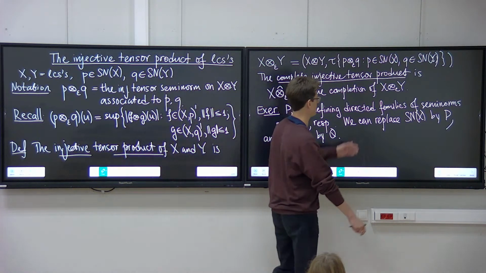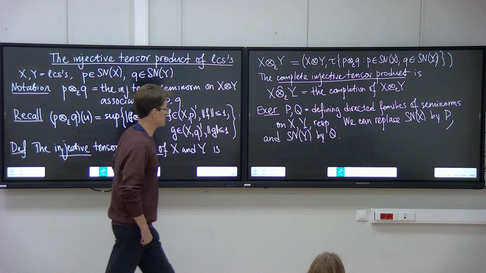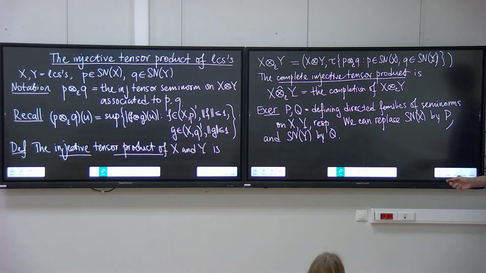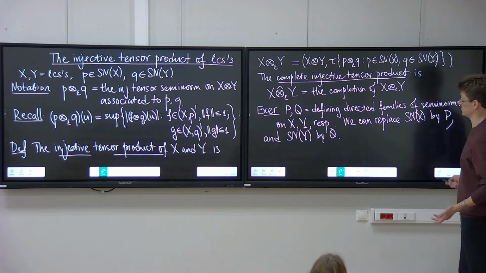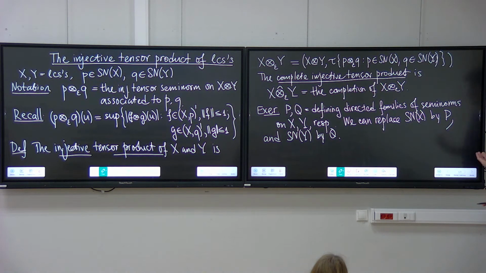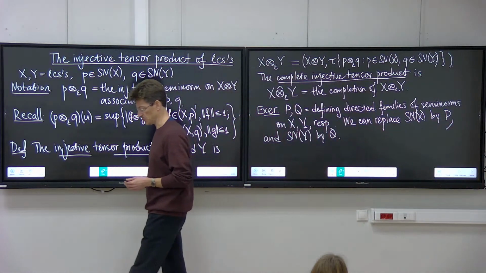In particular, if X and Y are seminorm spaces, then we come back to our earlier definition of the tensor product of two seminorm spaces. So the respective topology is defined by the single seminorm, the projective tensor seminorm or the injective tensor seminorm corresponding to P and Q.